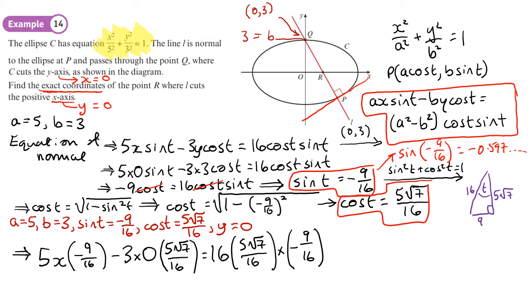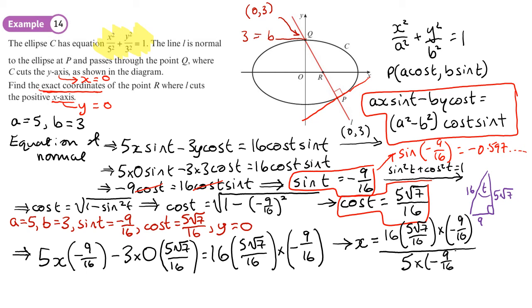So with a little bit of rearranging, I can find x. x is going to equal all of this stuff here that's on the right hand side, the 5 root 7 over 16, times negative 9 over 16, divided by 5 times negative 9 over 16.